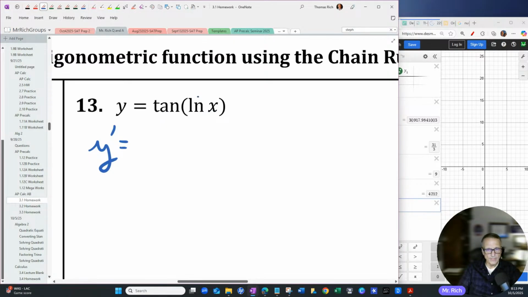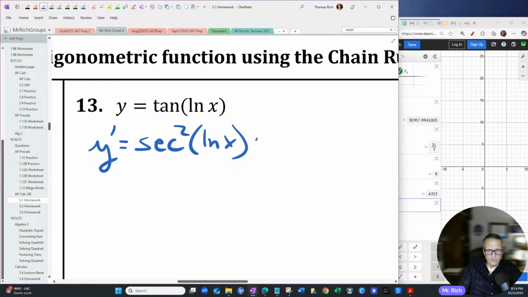But at this point on the outside part, I don't really care what the inside part is because I'm going to leave it alone. The derivative of the tangent of something would be secant squared of that something. So it's going to be secant squared of ln of x, right? Because I'm using the derivative of tangent, which is secant squared, but I leave the inside part alone.